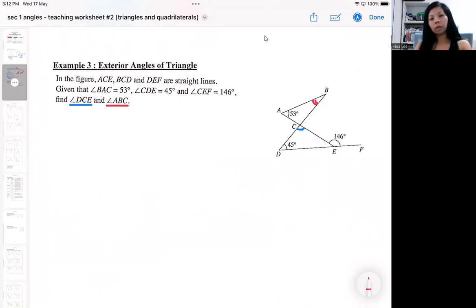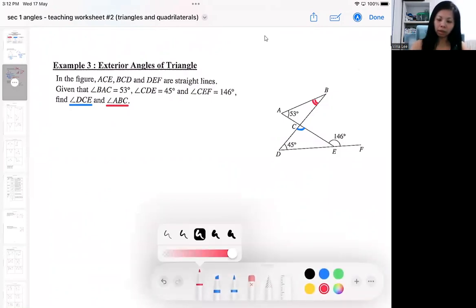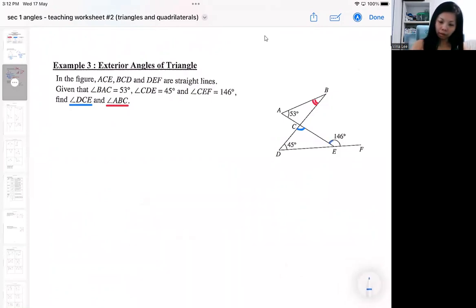Okay, so here I realized that there is an angle that's outside a triangle. And this angle will be the sum of DCE and 45. So this blue color thing is the exterior angle of triangle. So I am going to form an equation.